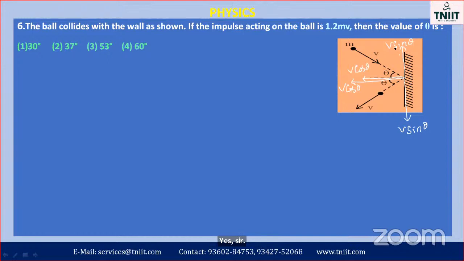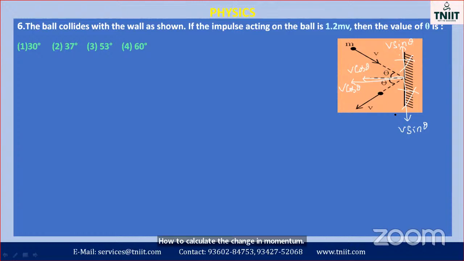Now, if you cancel out that, how do we calculate the change in momentum now?